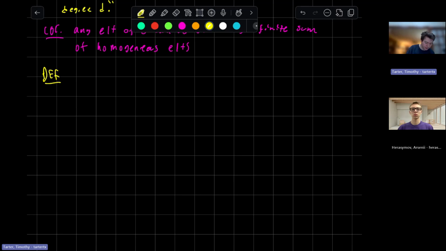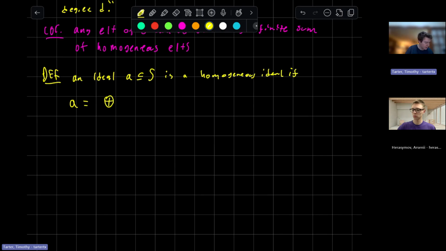Yeah, so an ideal A contained in S is a homogeneous ideal if A is equal to the direct sum, d greater than or equal to 0, of A intersect S_d.